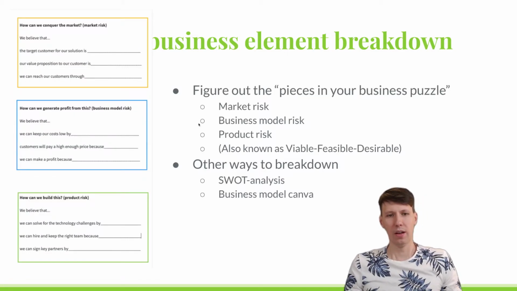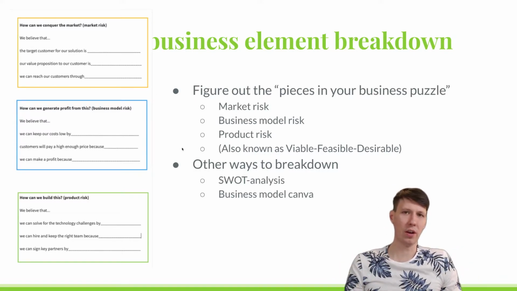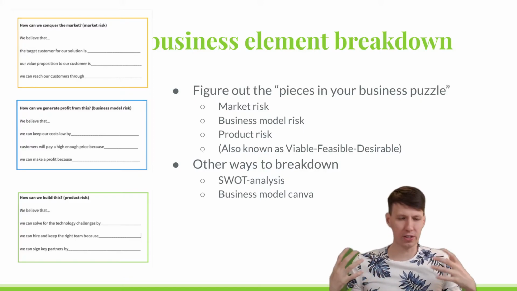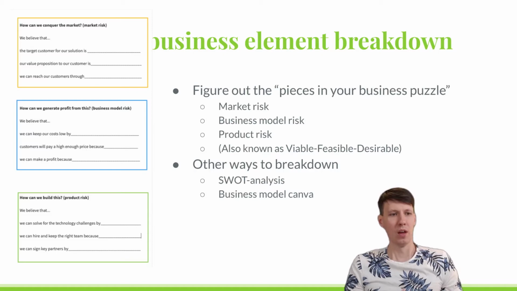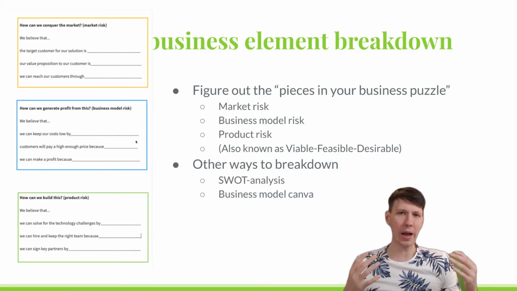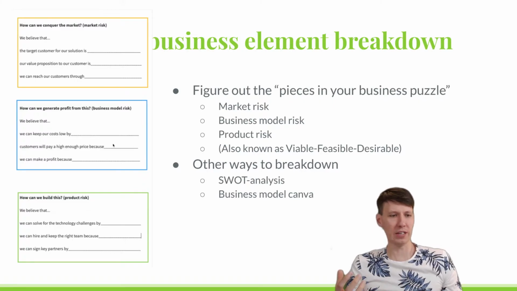So for example, there is the yellow one, the market risk. What's the competition? What are competitors saying? What are the channels? How will the ads work, etc. Then there's the business model risk. Is it viable? Can we make money with it? Does it make sense? And then the last one is the green one, the product risk.